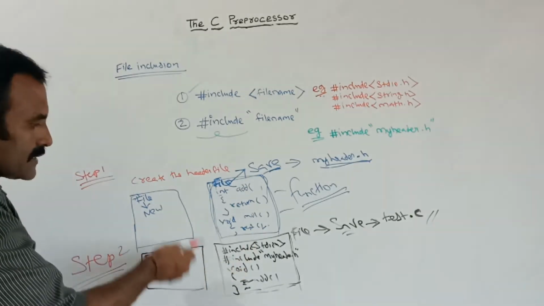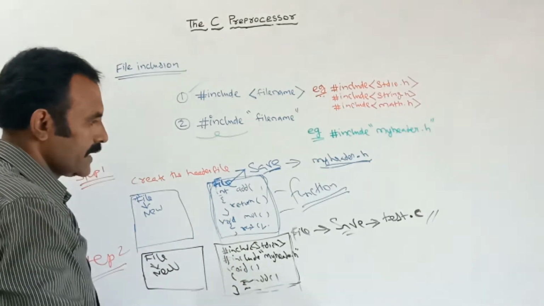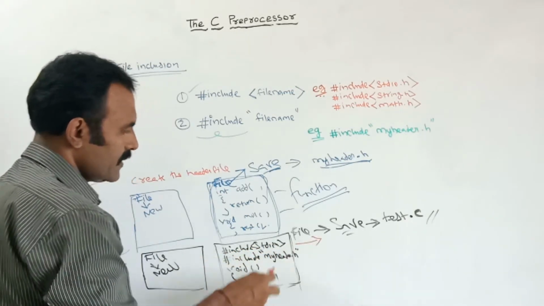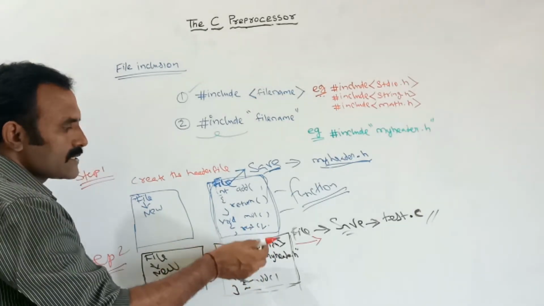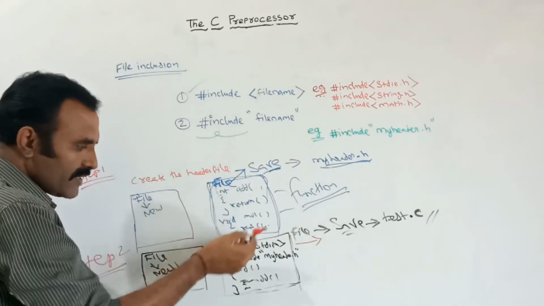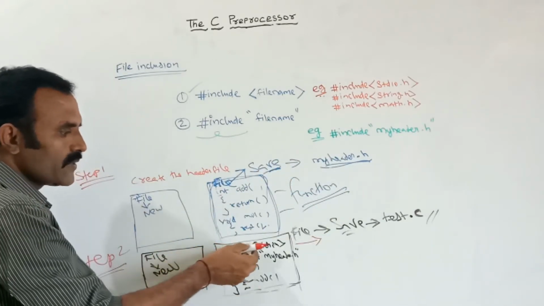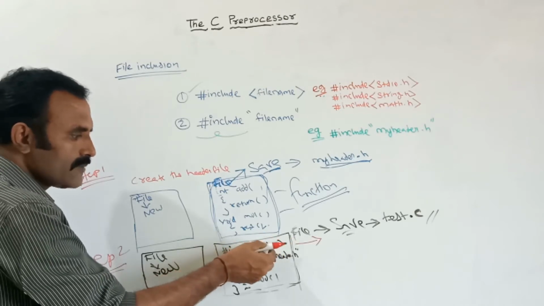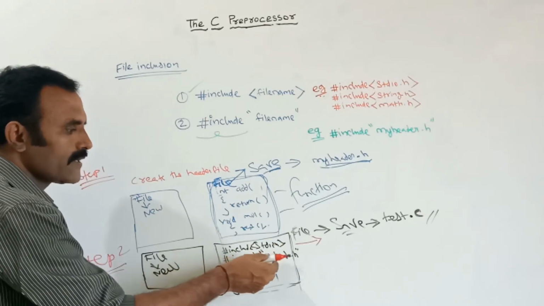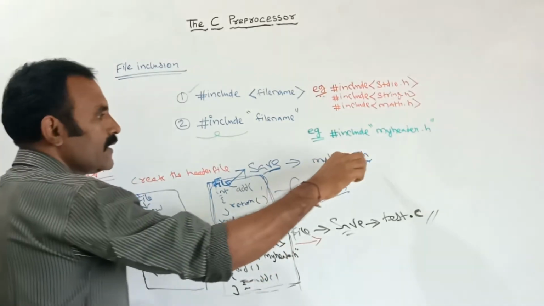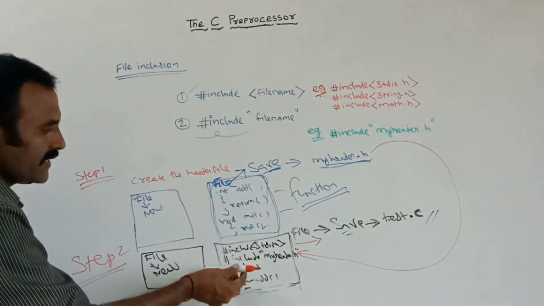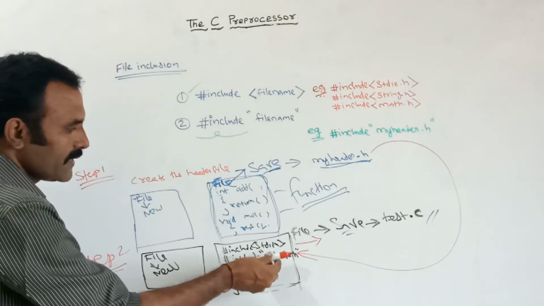See here, let us see the build process. At compilation time, the very first include is stdio.h. The system library file will be inserted into our source code where we include stdio.h. In that place, the system file will be placed. In the same way, next we include myheader.h.